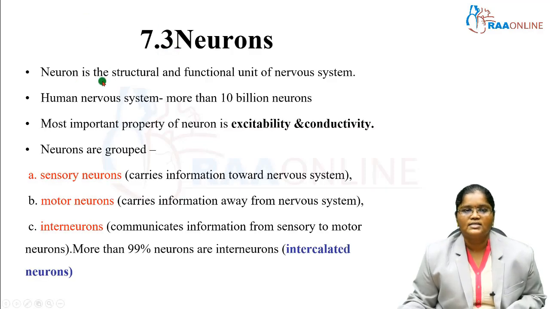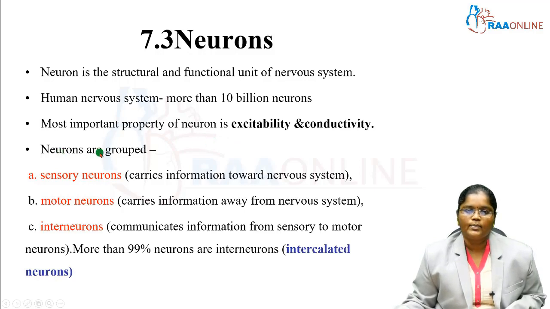The neuron is the structural and functional unit of the nervous system. The human nervous system contains more than 10 billion neurons. The most important properties of a neuron are excitability and conductivity, but in muscular tissue the important property is contractility.